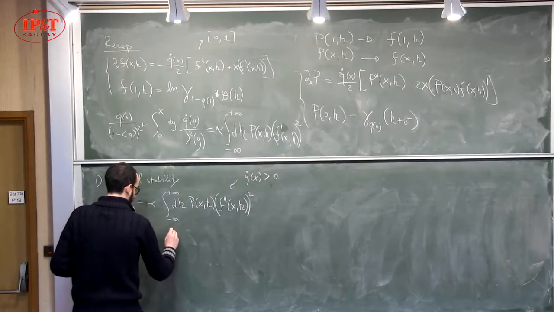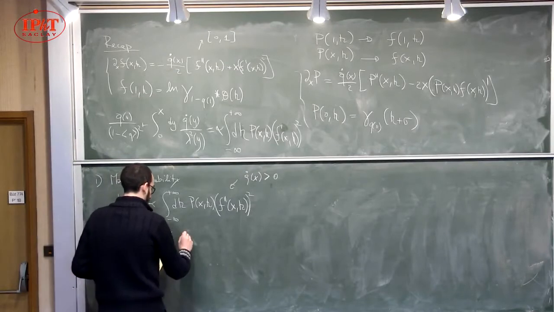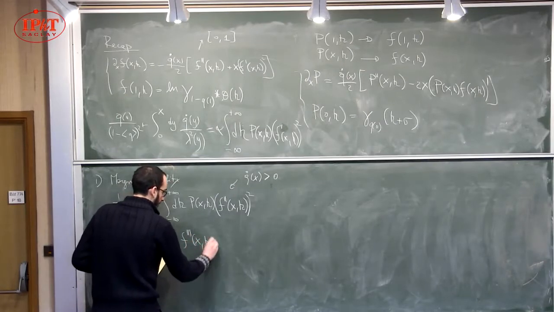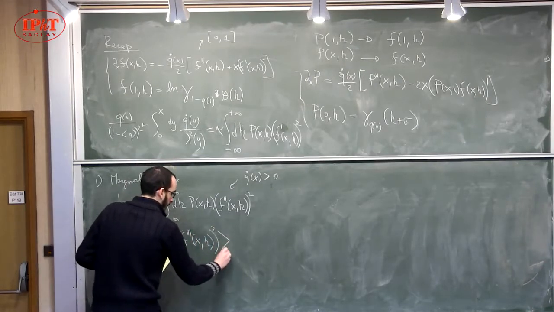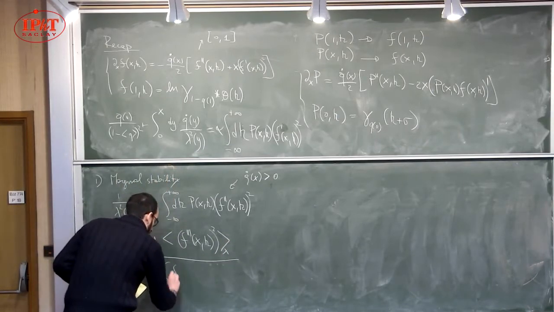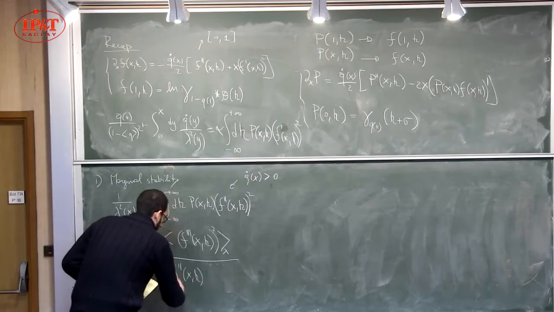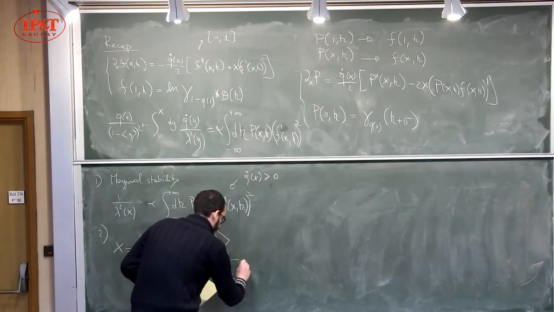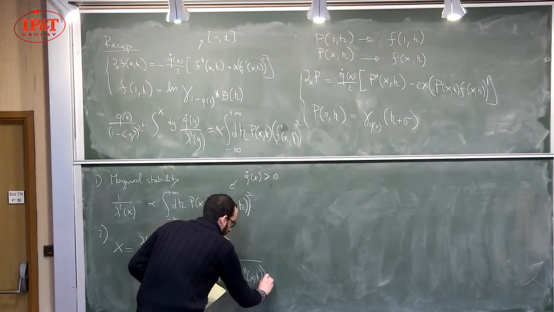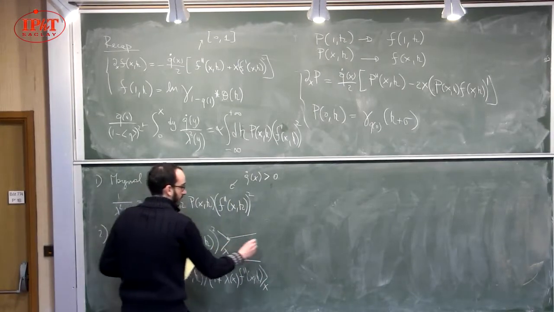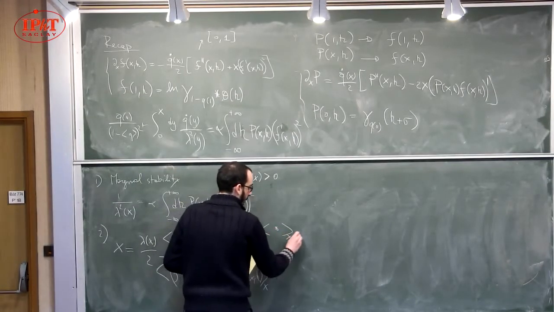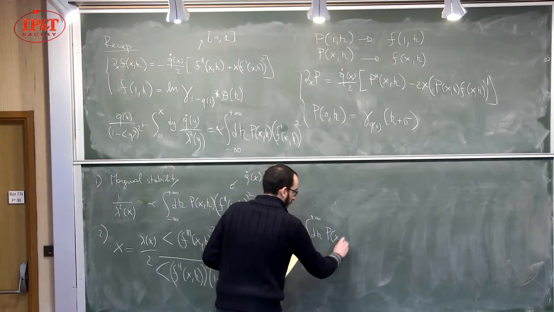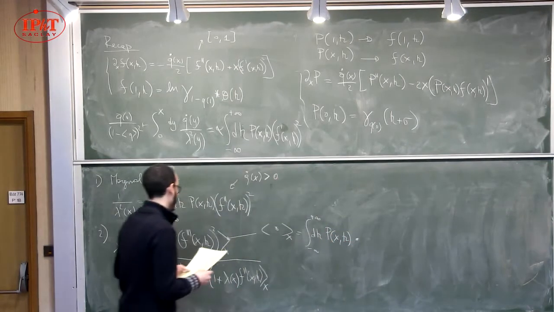And then here we have, let me write it this way. Where this average is just the integral over p of x and h. Okay?